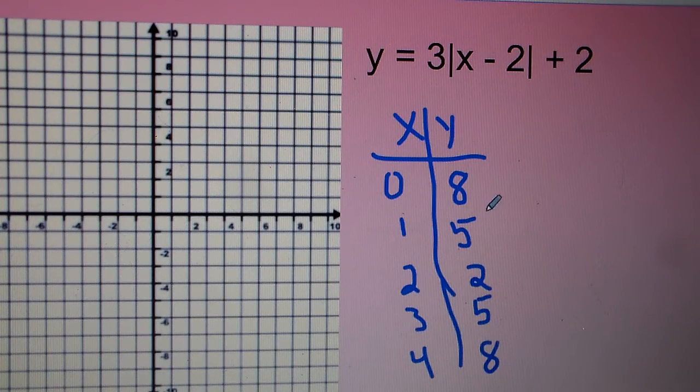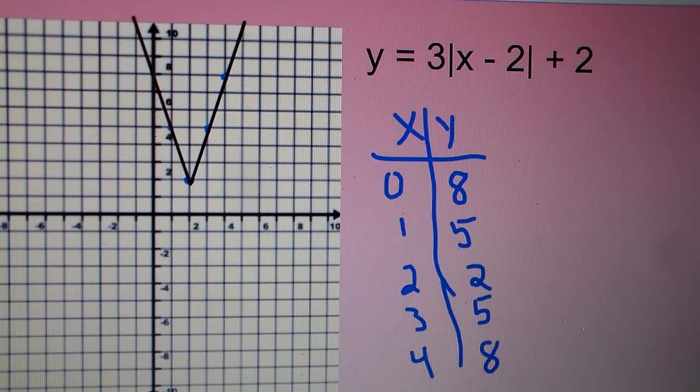So those are our coordinates. We got that from our table. 2, 2, 3, 5, 4, 8, and we graph it. And there's our solution. There's our graphed equation.